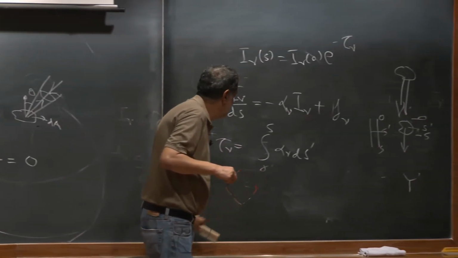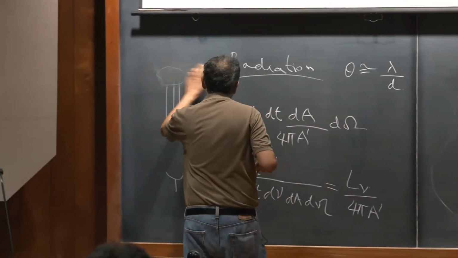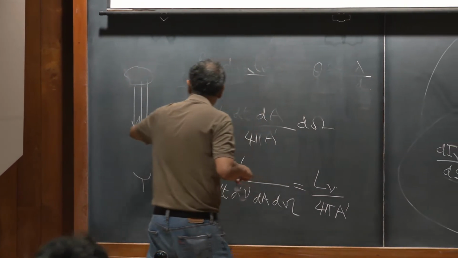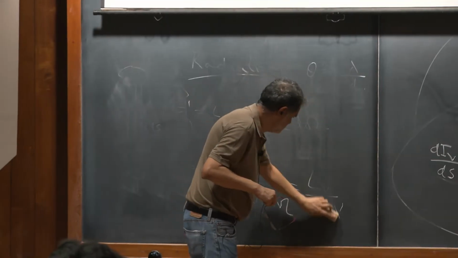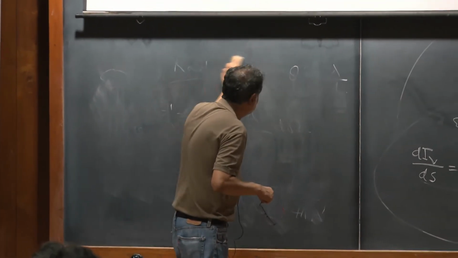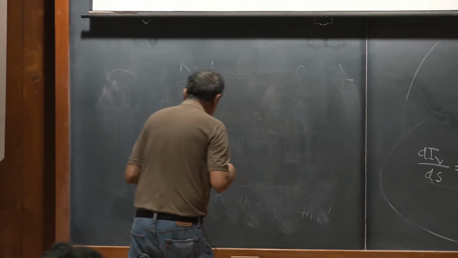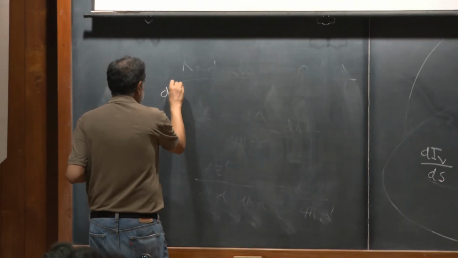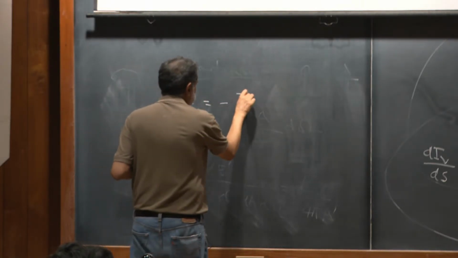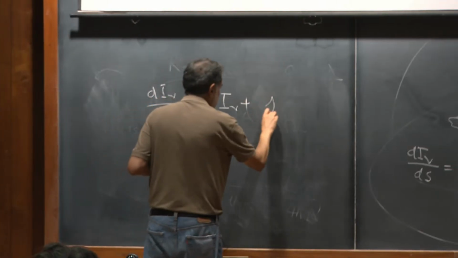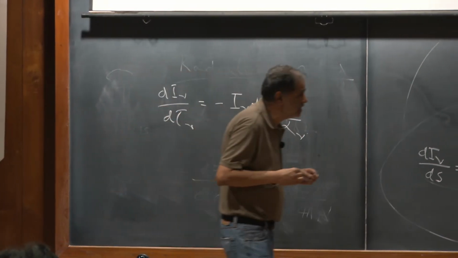So I can rewrite this equation now, and I will do it here. I just divided the whole thing by alpha nu.